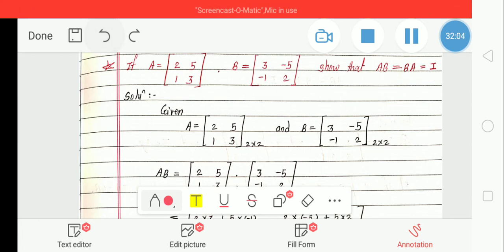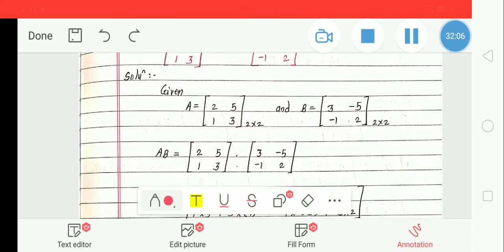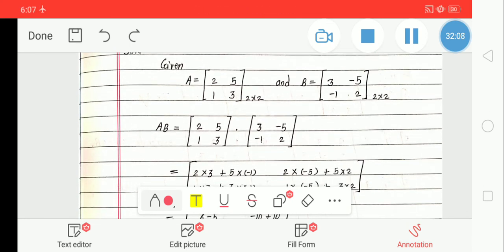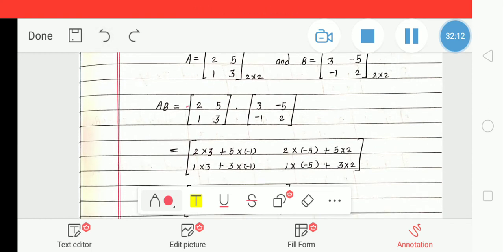Given that A and B are 2 cross 2 matrices, so A multiplied by B, we take first row and first column. So 2 multiplied by 3, 5 multiplied by minus 1, then first row and second column. So 2 multiplied by minus 5, 5 multiplied by 2, then second row and first column.